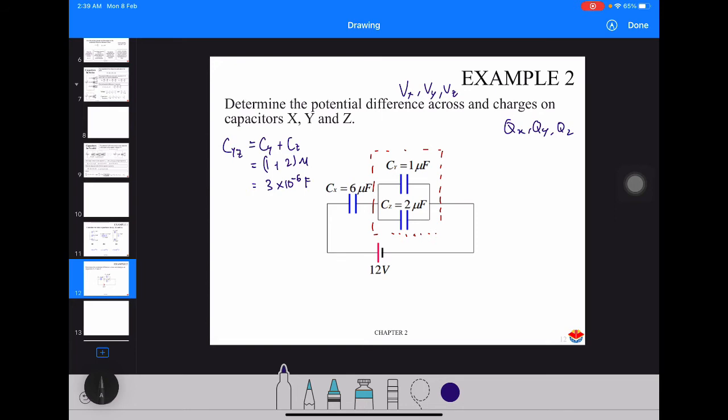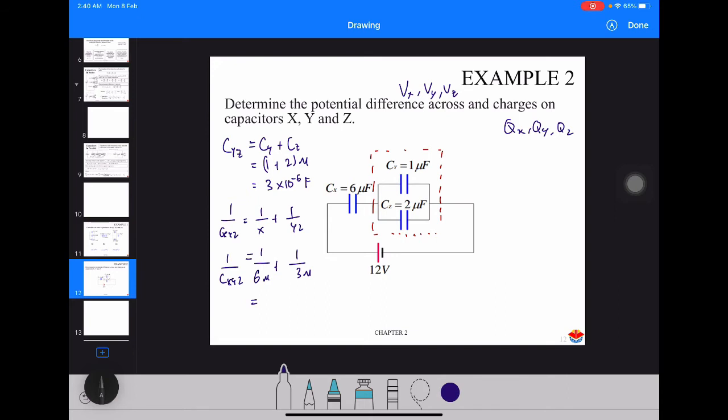And if I want to calculate Cxyz, which is my C effective, 1 over Cxyz is equal to 1 over Cx plus 1 over CYZ, which is 1 over 6 plus 1 over 3. If I want to add, then it becomes 3 over 6.